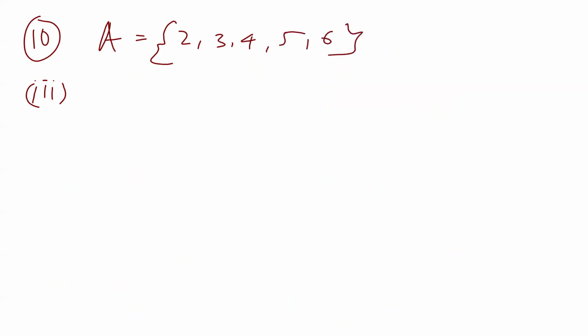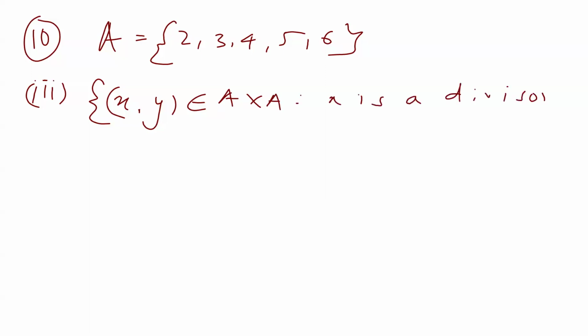The third relation is x comma y belongs to A cross A, x is a divisor of y, and x is not equal to 1.